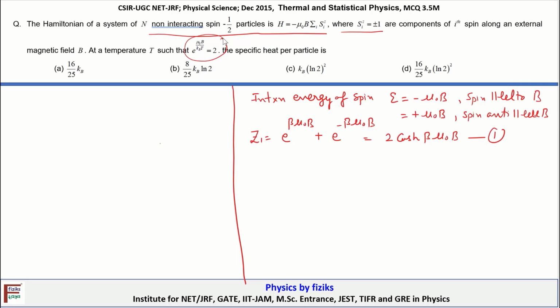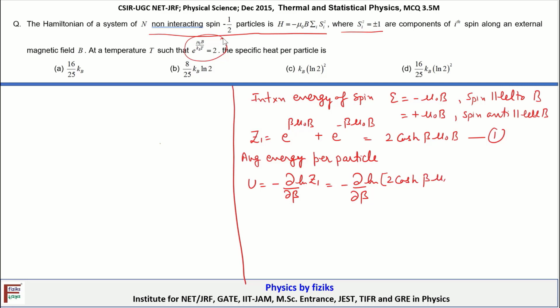Now the average energy per particle is given by U, which is equal to minus d by d beta of ln Z1, and that is equal to minus d by d beta of ln 2 cosh beta mu naught B.